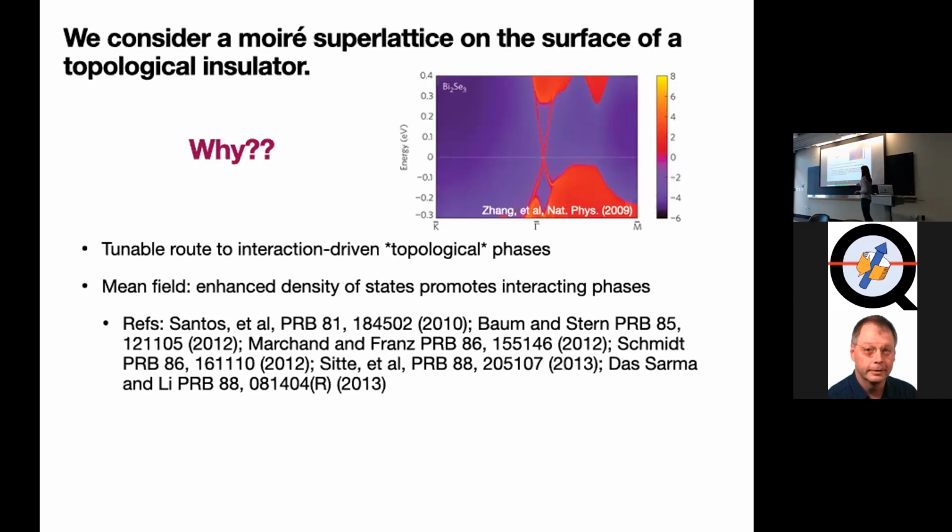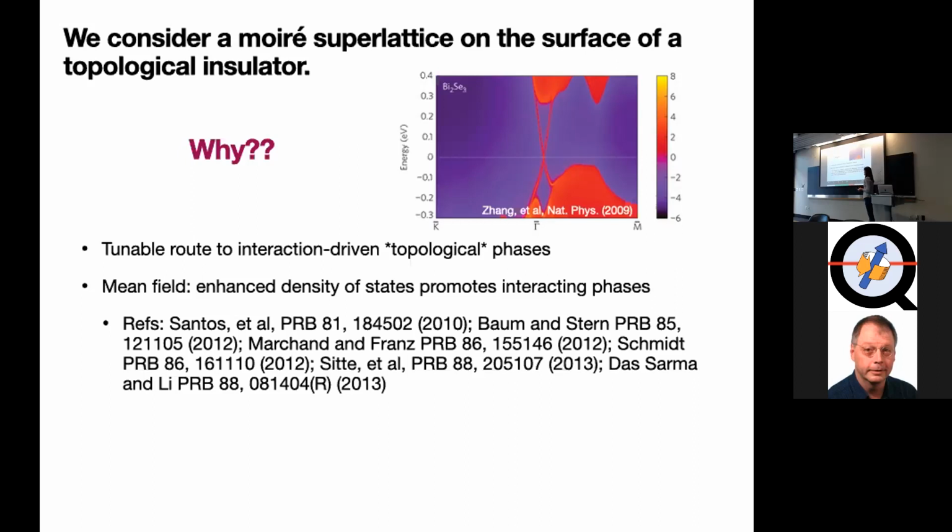The reason I have some optimism is that in the early days when people were looking at TIs, they studied, using mean field theory, mostly interacting instabilities of the Dirac cone on the surface. And the result from mean field theory is that an enhanced density of states will promote interacting phases. In other words, the Dirac cone has some velocity, but the smaller that velocity is, which enhances the density of states, the greater your instability to either... usually these phases are a topological superconductor or a quantum anomalous Hall phase.